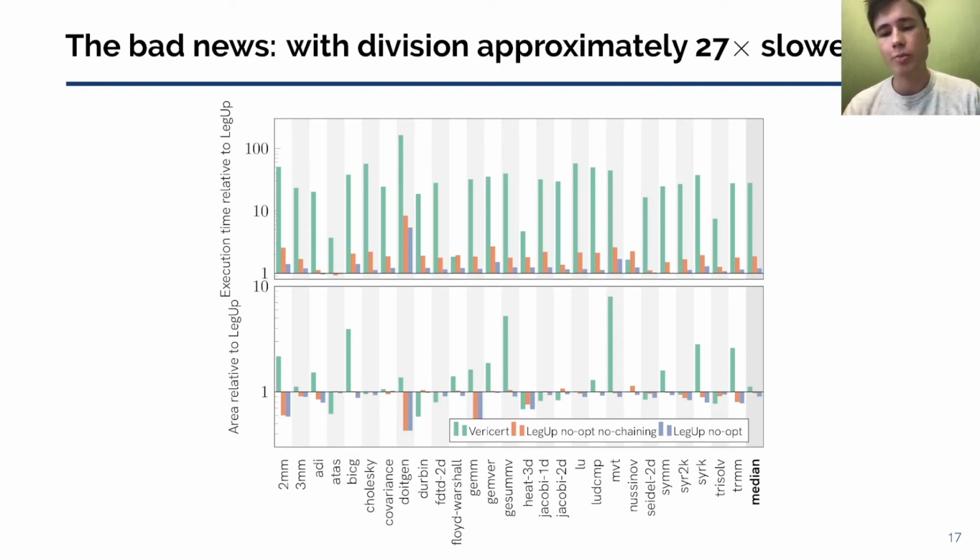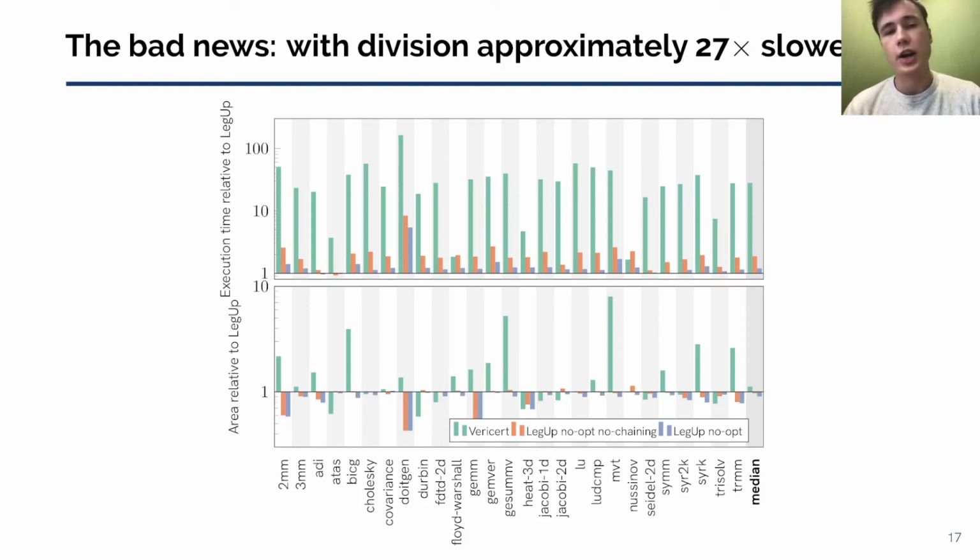Then the orange and blue bars represent lower optimization levels of LegUp to show how we compare against that as well. The top graph then shows execution time relative to LegUp, which we can see here is quite poor because we have divisions. And the bottom graph shows area, which is actually not that bad.